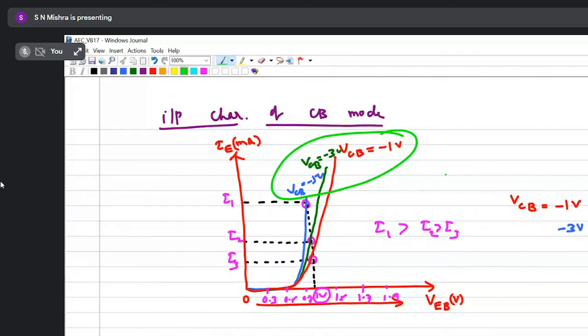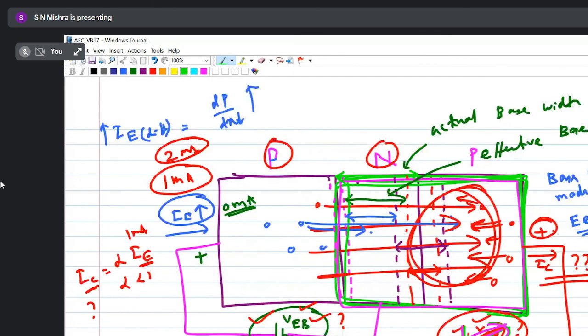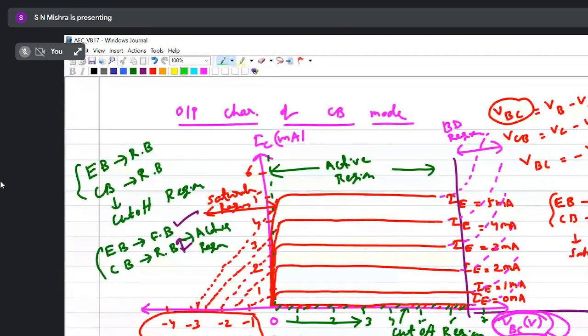After that, for the output characteristic, you have to explain the cutoff region. The emitter base junction is open circuited or reverse biased, then current is not flowing, only leakage current is flowing. So that is the cutoff region.